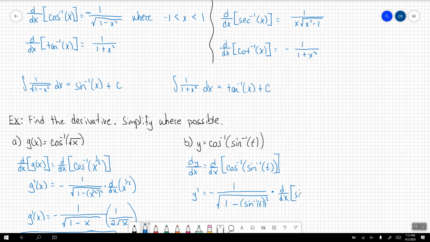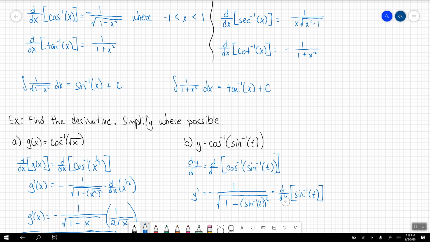and that inside function is going to be the derivative of, wow, I just realized I made a mistake, and I'll show you guys what that is in a bit. My mistake here is that I assumed that my variable was x. My variable is not x in this particular case. My variable is t.